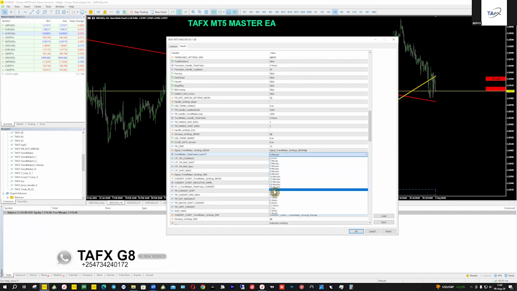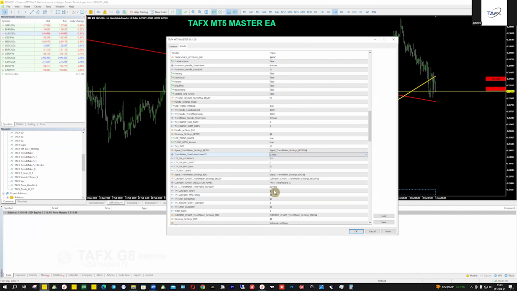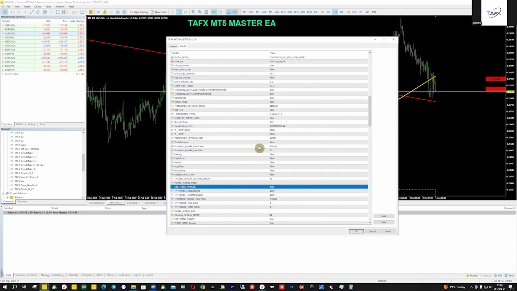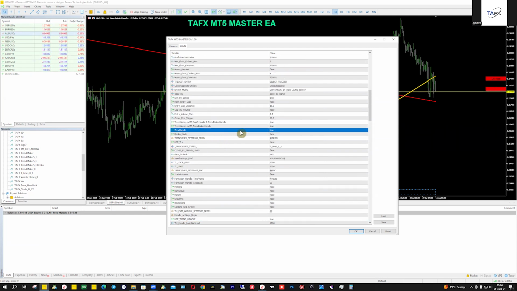Here we are going to set it to 1 hour. Here we are going to let it remain in current. So here is the only place. You just make sure the trend handle is true, and the other one, this zone handle, must be true.